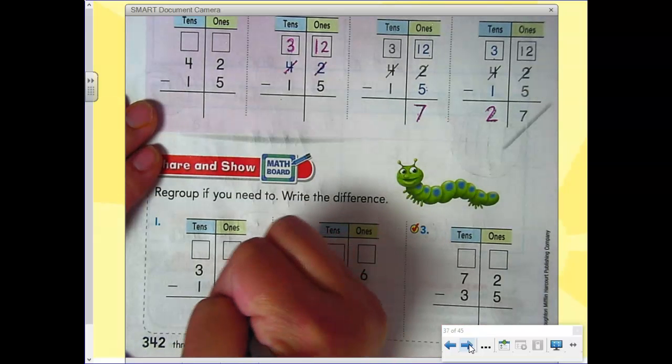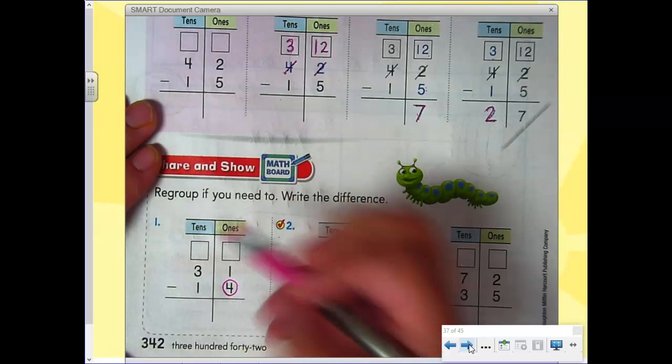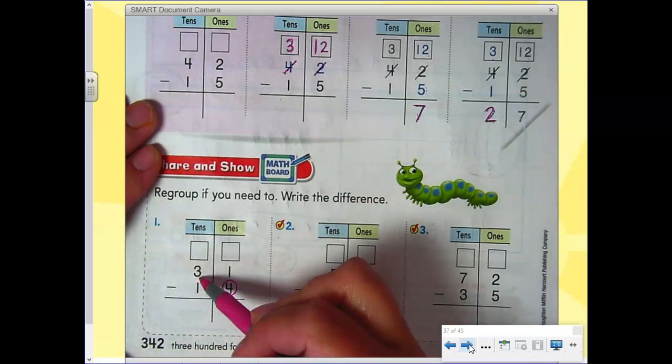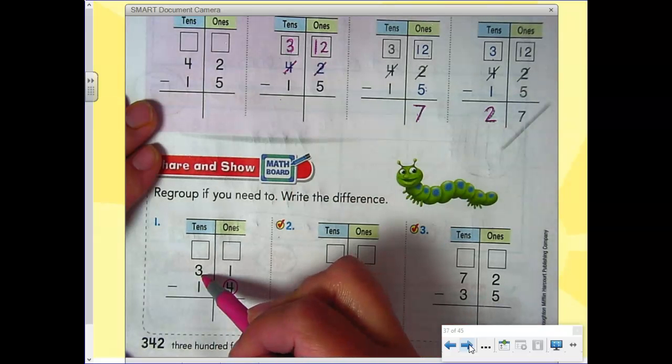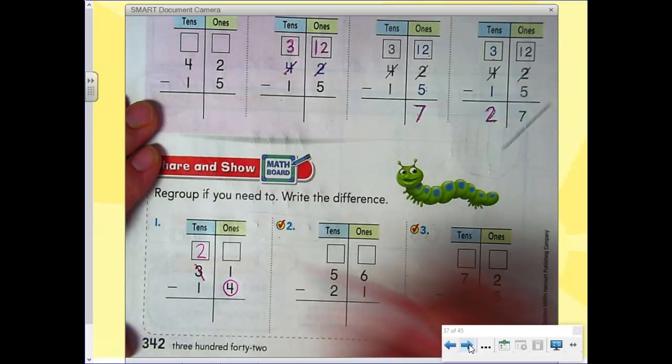It is 4. It's on the floor, so we go next door and grab 10 more. That's 3. We need to take away a group of 10. 3 minus 1 equals 2. So cross it out and write 2.